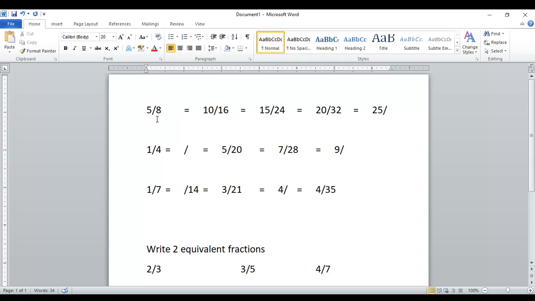So knowing that we've counted by 5s up here on the top, and we've counted by 8s down here on the bottom, what is going to go there?